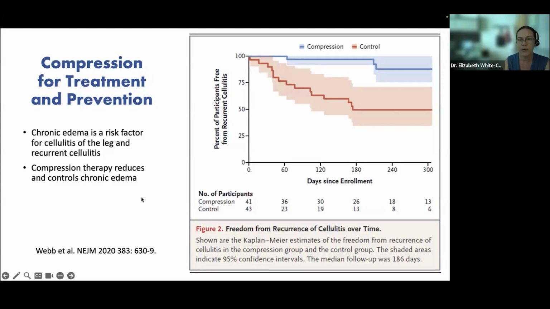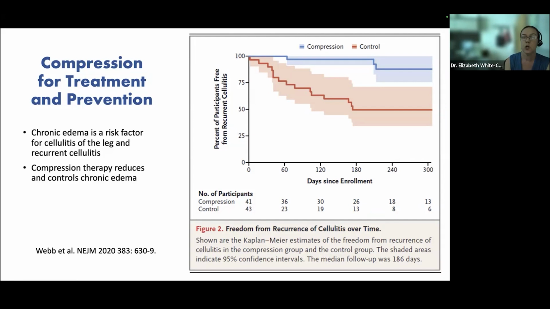And then they were randomized. Everybody got education regarding hygiene, and then they were randomized to either compression garments or not. It was a randomized control trial, so a high level study where they really made sure of compliance with the garments. But they actually had to stop the study early because it was such a significant difference in preventing recurrence of cellulitis.